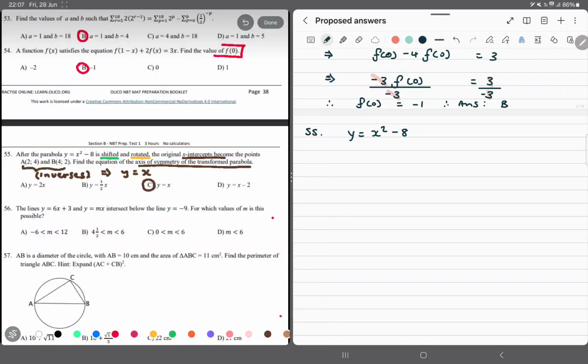So again, just knowing what to do is very important, guys. Some questions can be answered at a go by just knowing what is going on, because at times the rotation is not so nice. But let's just try to use the Cartesian plane to explain this situation.